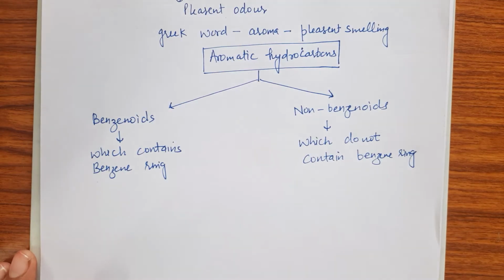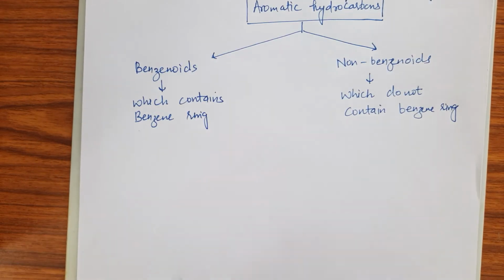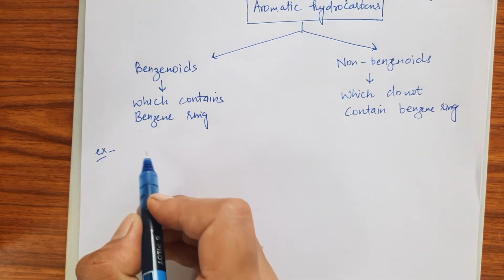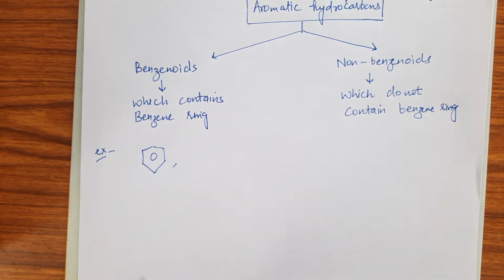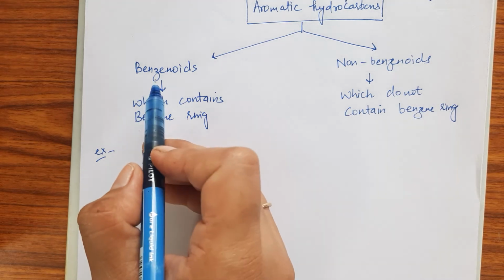Right? So we have some examples. For example, a benzenoid example is simply benzene, and all substituents of benzene are under the category of benzenoid.